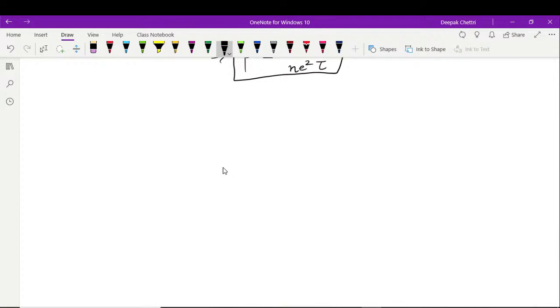Next, this is called resistivity. Now if I take the reciprocal of resistivity, it is called conductivity.